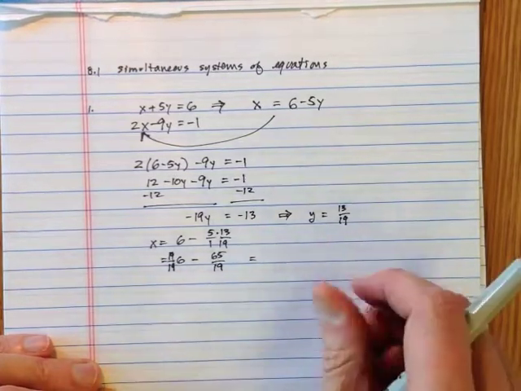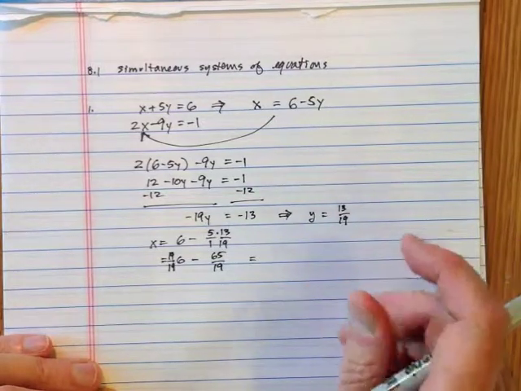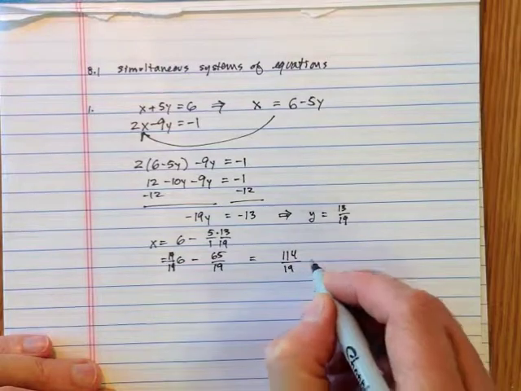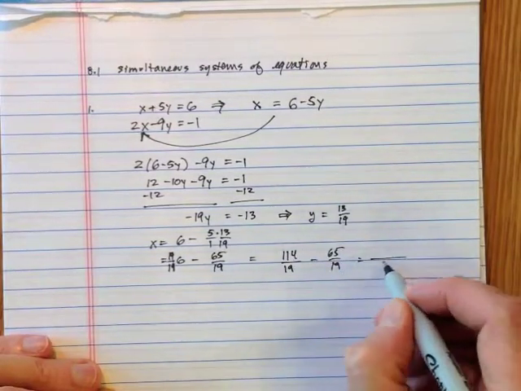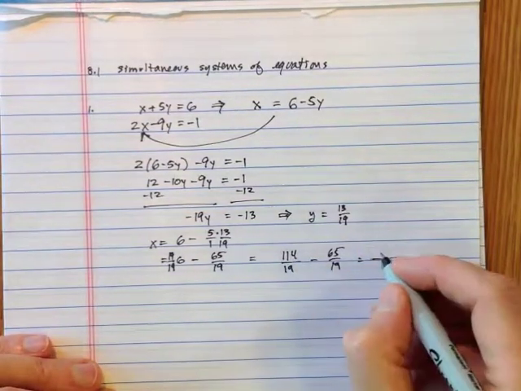What's 6 times 19? 6 times 20 is 120, so it must be 114. 114 over 19 minus 65 over 19. That must be 49.